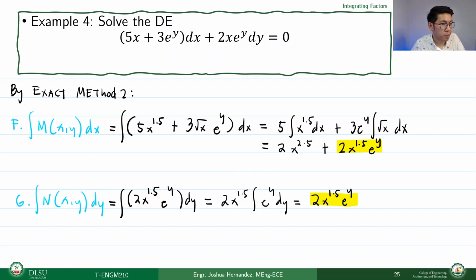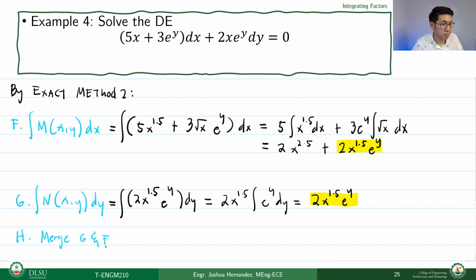So step H is merging our G and F, with no repeating terms.